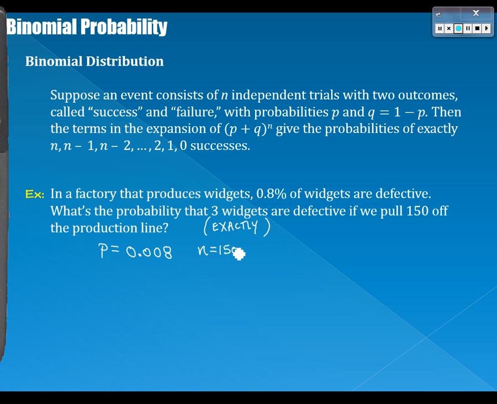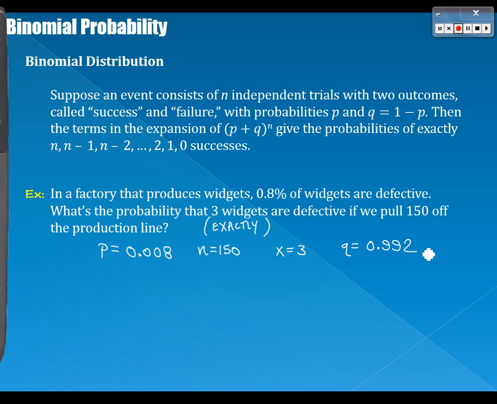And we'd like to ask about exactly 3 widgets, okay? So the p and the n here correspond exactly to the p and the n up above. And we can also write down what q is, right? Q is 1 minus p. This is the probability of getting one that does work. And that would be just 1 minus 0.008, so 0.992.